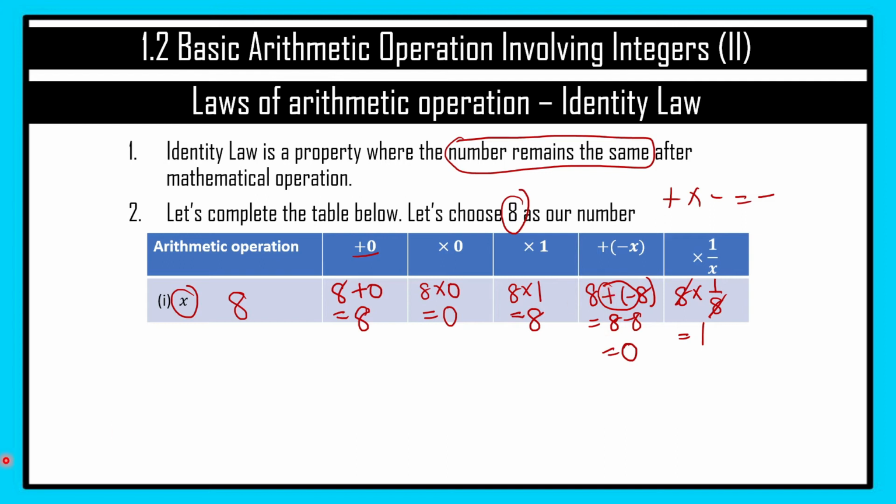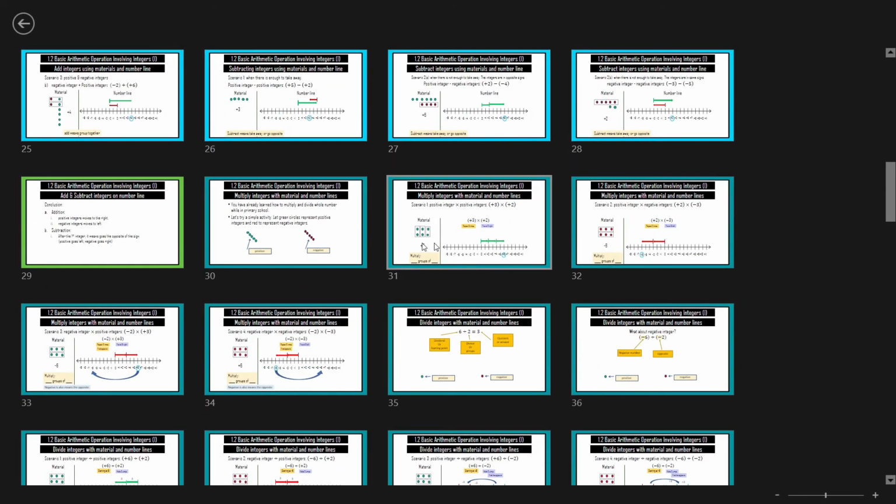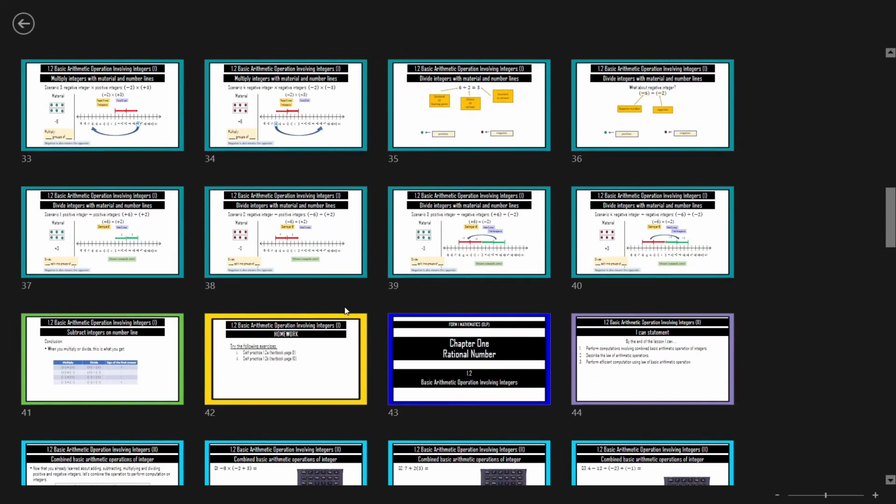Let me show you. When a positive meets a negative of the same value, it is a 0 pair, which means it is 0.